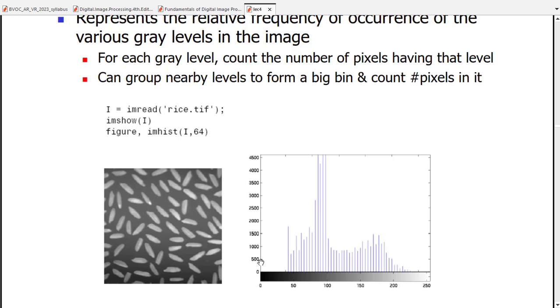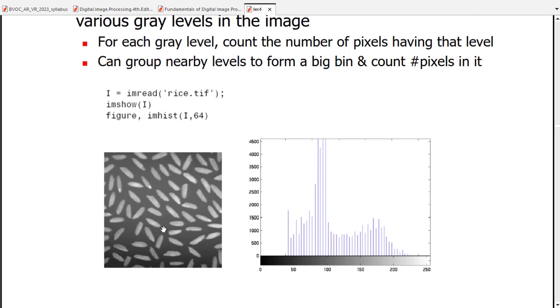Here the y-axis is the number of occurrences, 0 to a maximum level of 4500. We say this gray level occurs 4500 times in this picture. In this figure, the image is read in with MATLAB code, this is the histogram, and this is the original picture.